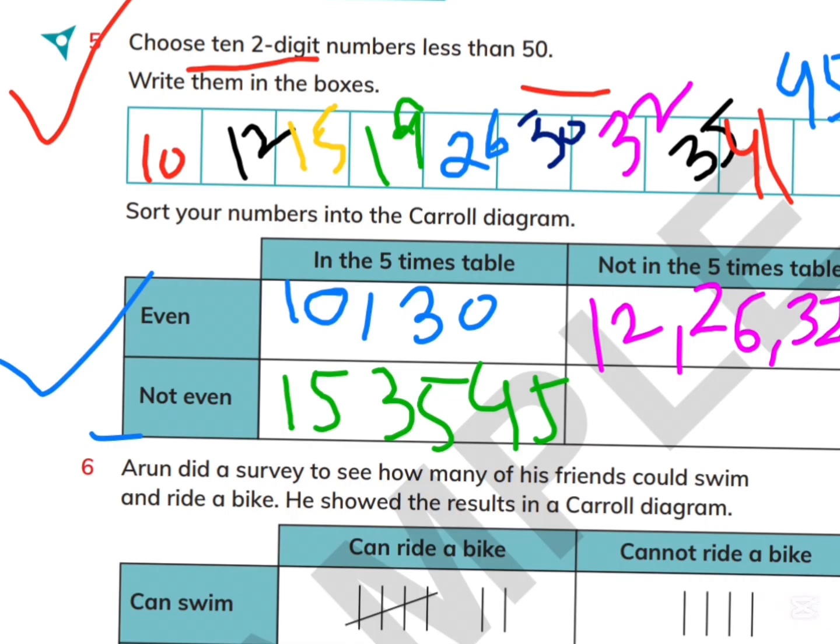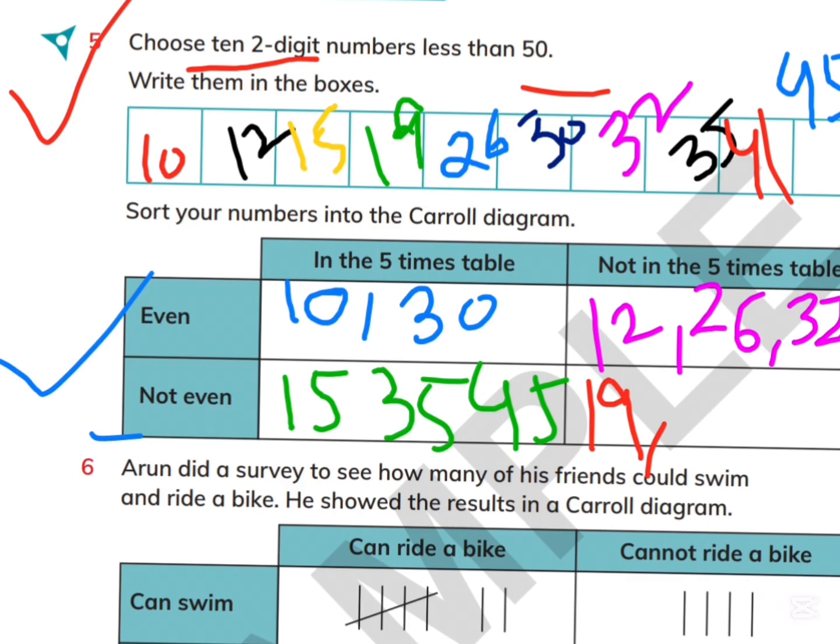Not even, not in the 5 times table. Okay, 19 is not even and not in the 5 times table. So I'm checking. 19 is not even and not in the 5 times table.